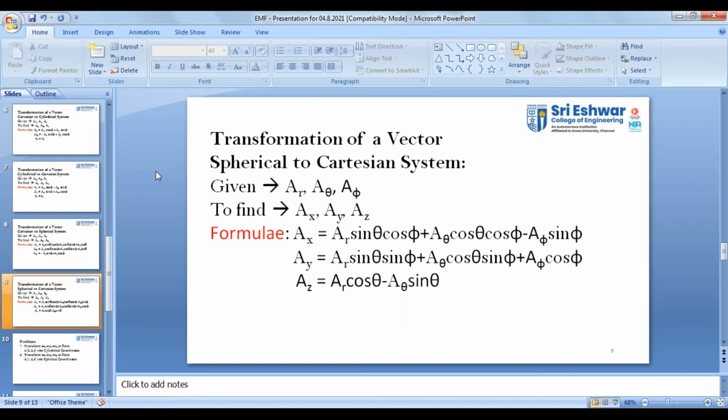Shall we move on to the problems now? Problems from vectors. Yes, Renuka Devi, we will make a move. Yes, Divya. Okay, next slide I'll go for.